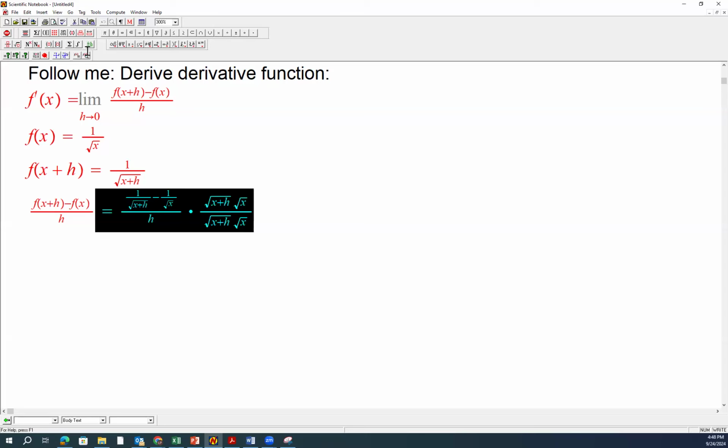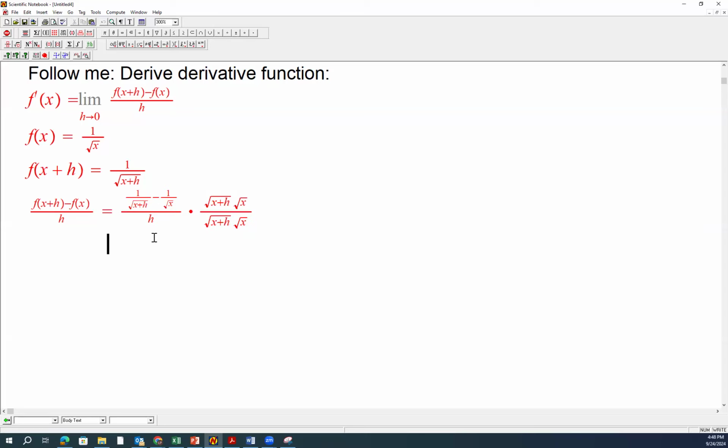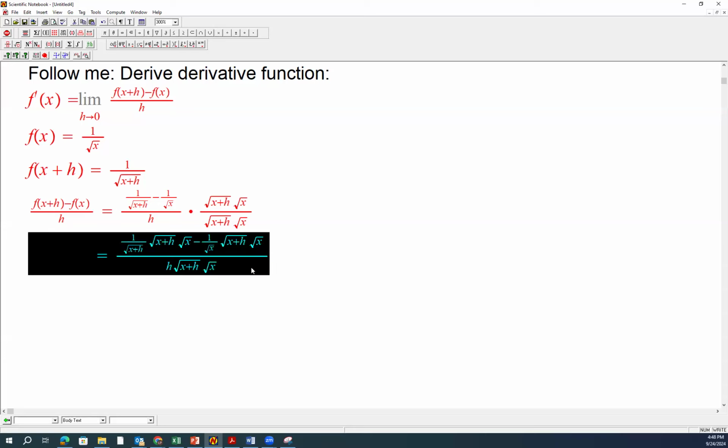Numerator times numerator, denominator times denominator, but we need to distribute this piece to each one in the difference.